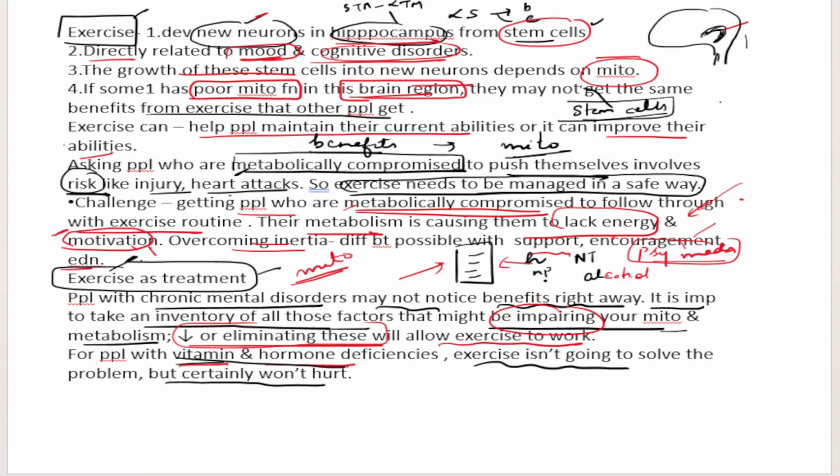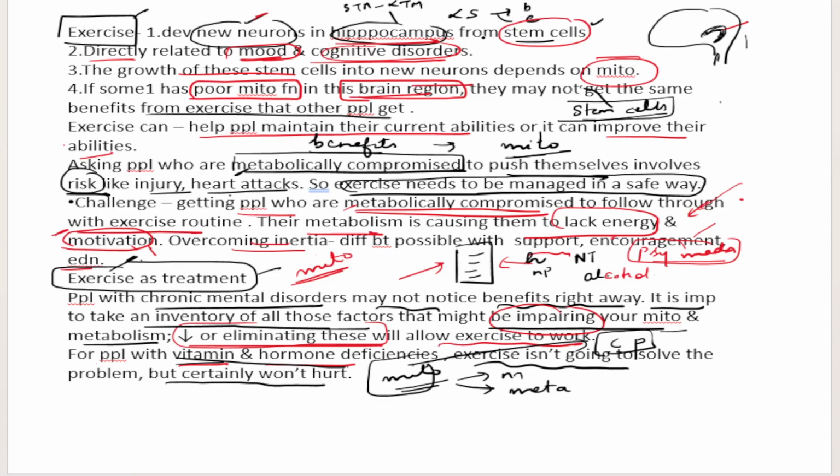Now, the author says that improving the function of mitochondria can prove beneficial in both mental as well as metabolic disorders, because mitochondria are the common pathway for mental and metabolic disorders.